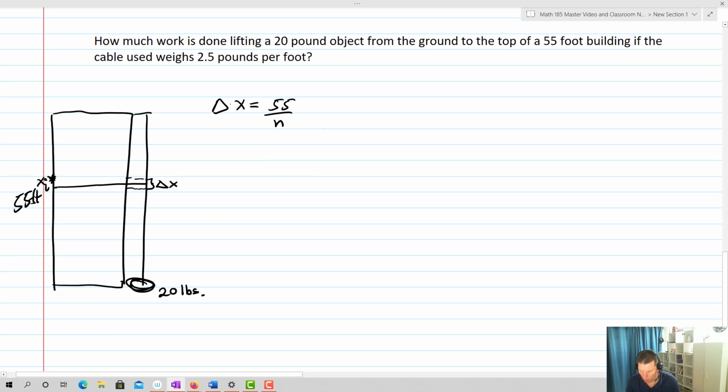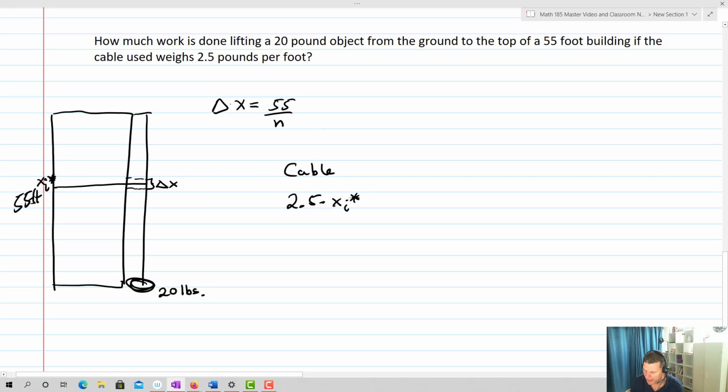So what we're going to do is break up the force into the force that the cable is exerting and the force of the object. We first look at the cable, and it's got that 2.5 pounds per foot, times xi star.